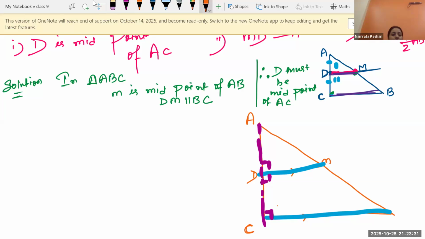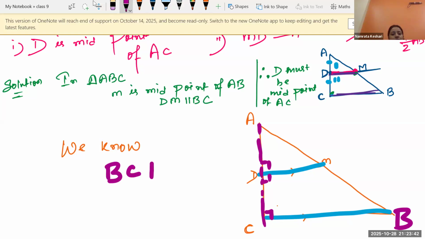What I'm trying to say, we know that this BC and DM are parallel. Yes or no? Yes, ma'am. Okay, and angle C is 90 degrees.